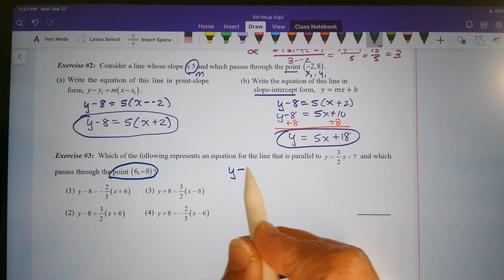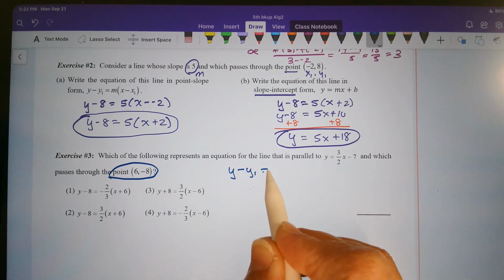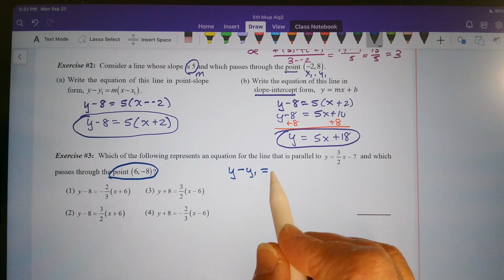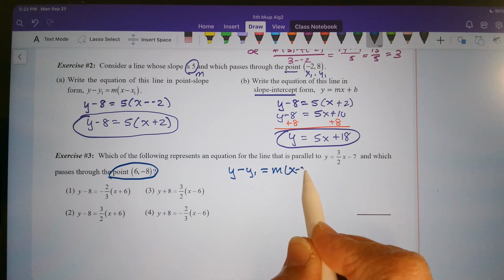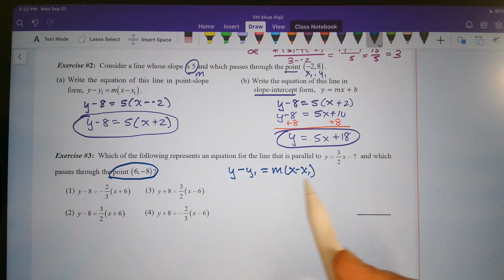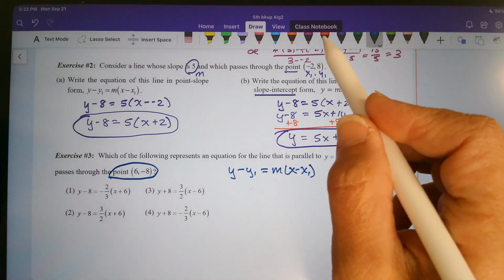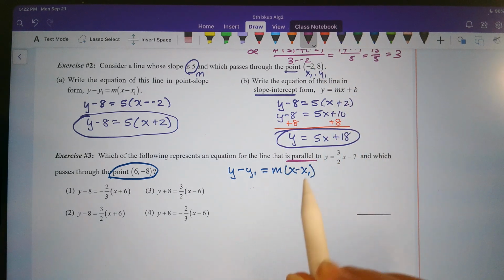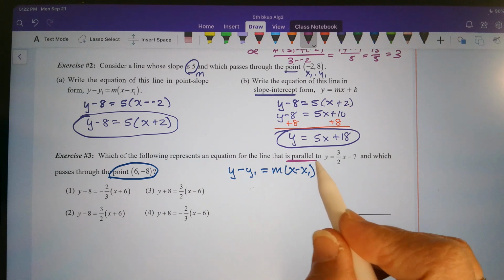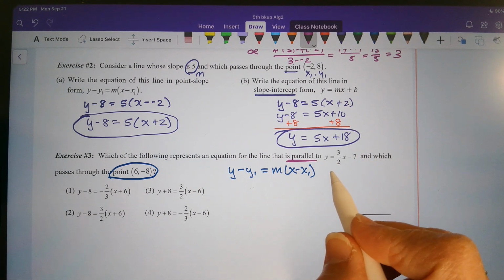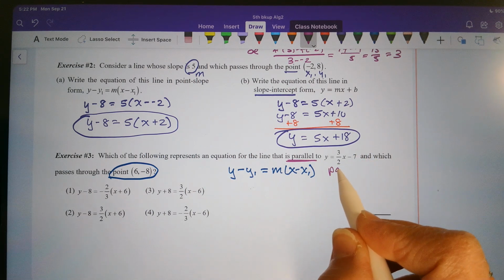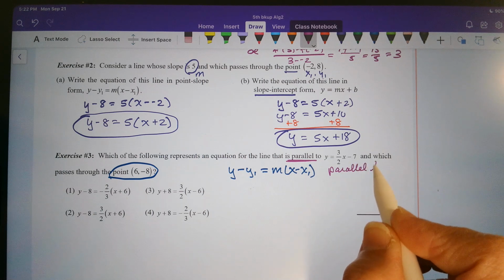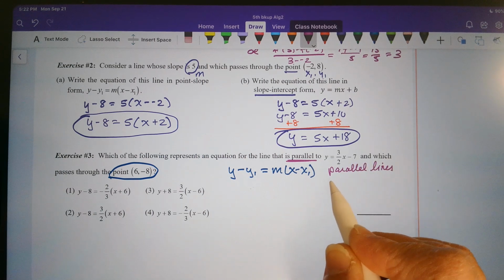So let's copy down the formula. y minus y sub 1 equals m times x minus x sub 1. And it needs to be parallel to this line. Well, what's true about slopes of parallel lines? Parallel lines have the same slopes.